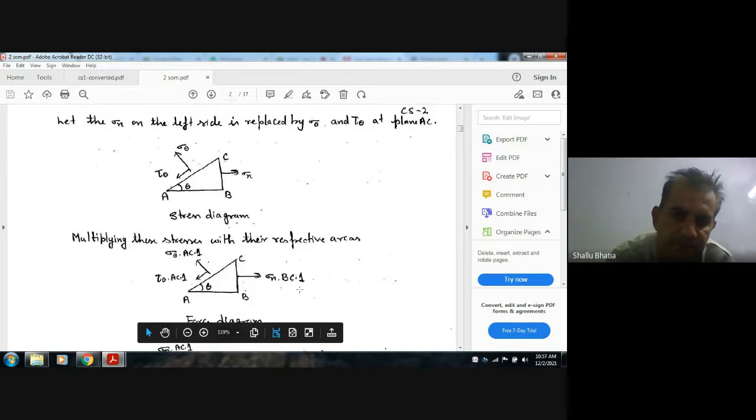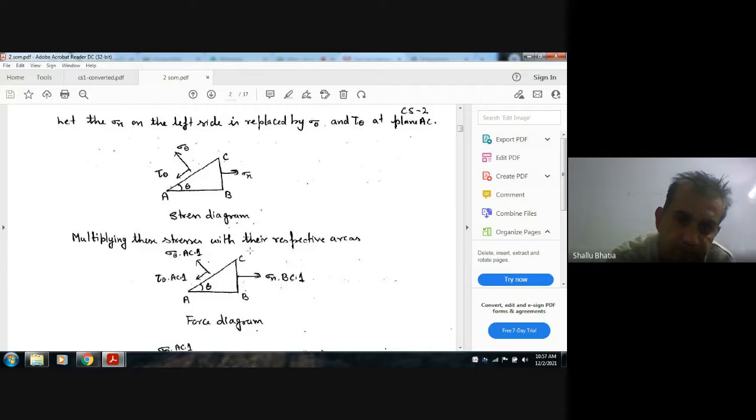So sigma x into BC into 1. And now the area for this sigma theta will be AC, and the thickness is 1, because the thickness of the block is 1.